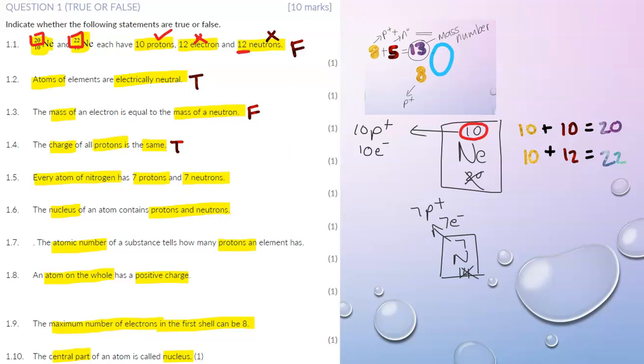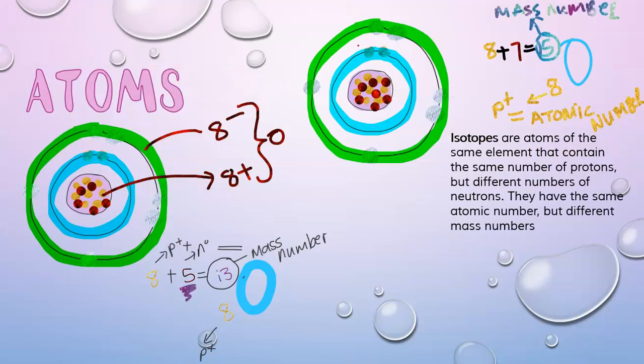Now remember, I told you, from the periodic table, we cannot say anything about the neutrons, these little red guys, because that is specific to every atom, and that's why we have isotopes. So every atom of nitrogen has 7 protons. That is correct. But every atom of nitrogen will not necessarily have 7 neutrons, for the same reason that every Olivia's neutrons won't be the same.